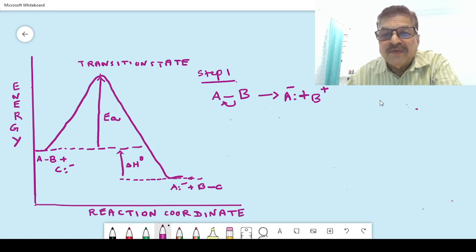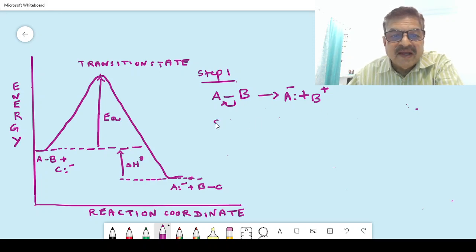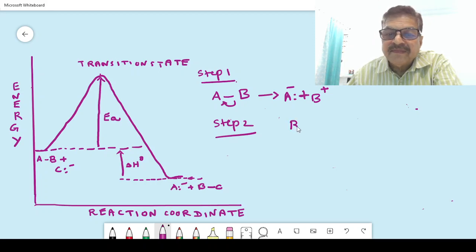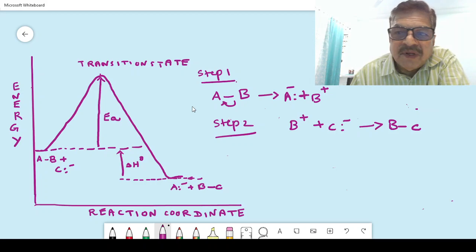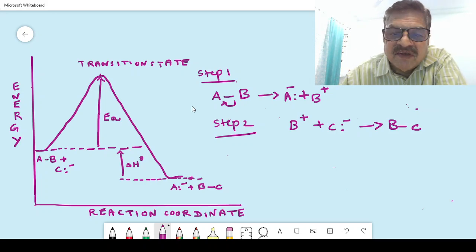Now in step 2, what will happen? This is step 1, and this is step 2. B plus, that is the cation formed here, reacts with C minus. So this will form the new bond here. Correct. So the AB bond will be broken, breaking of one bond takes place first.